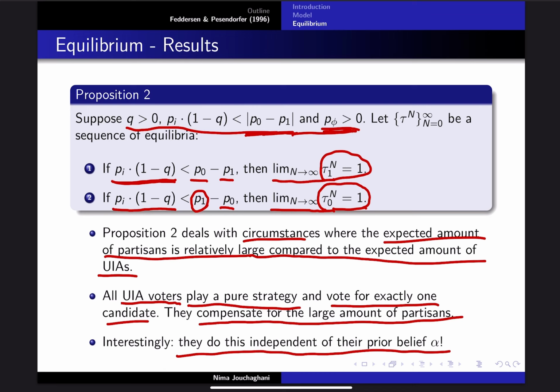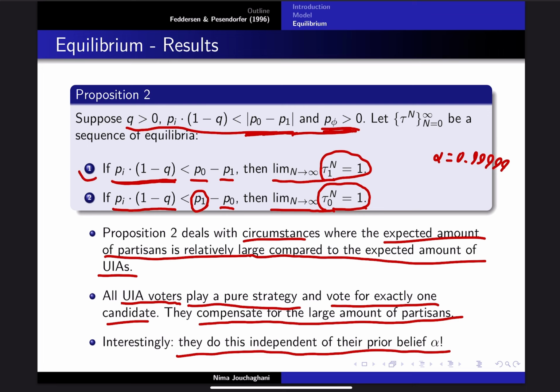Now, proposition 2 is then still saying that independent of your belief, so let's say alpha is equal to 0.99999, something like this, so the uninformed independent agents are very certain that the candidate that should be voted is candidate 0.